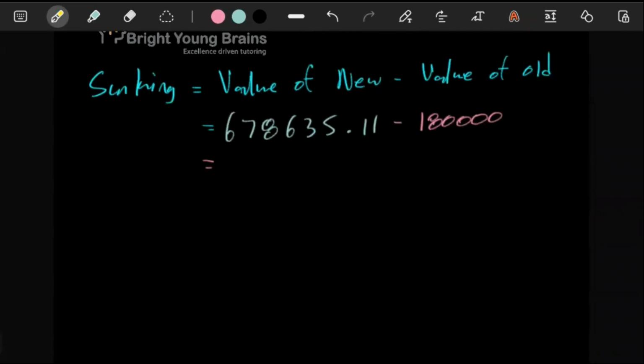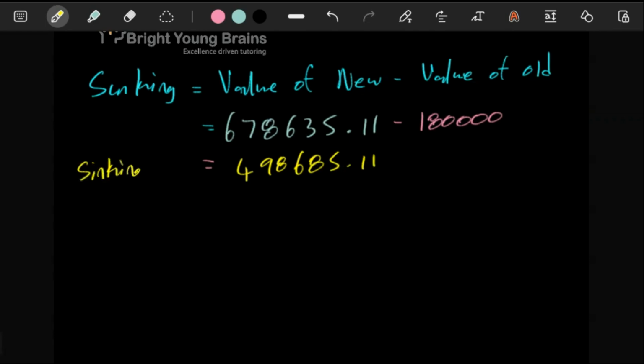So let's see here, this number minus 180,000. We have here 498,685.11. This is your sinking fund.